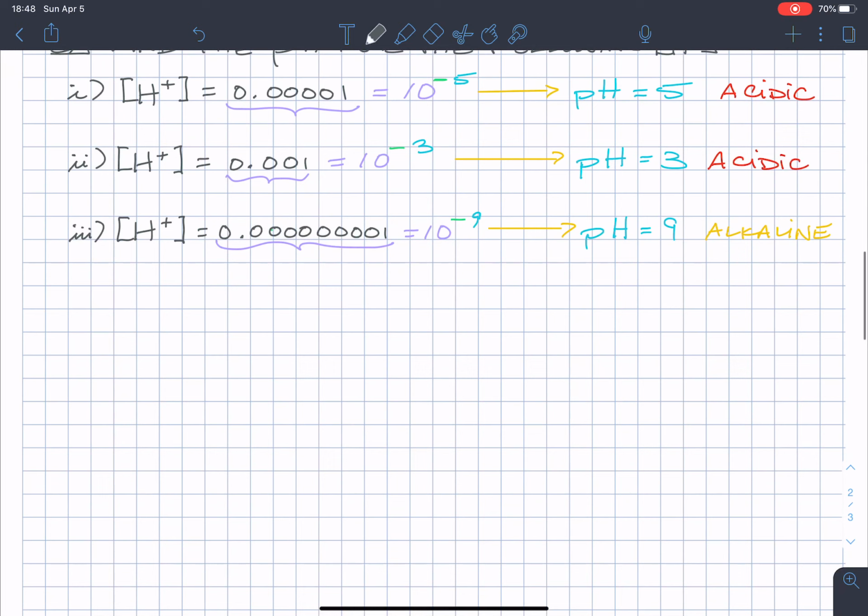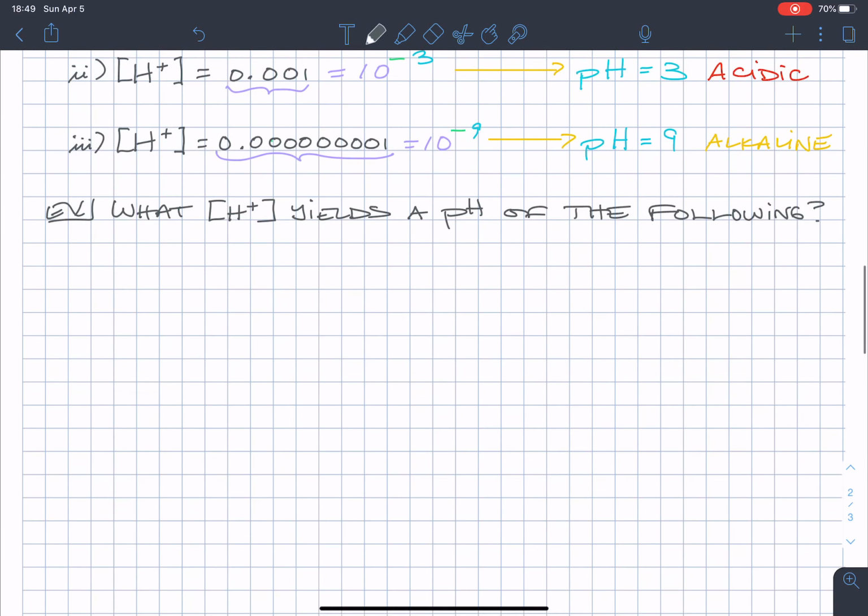Okay, let's do another example. So what hydrogen concentration yields a pH of the following? Okay, so number 1, let's say the pH is equal to 7.